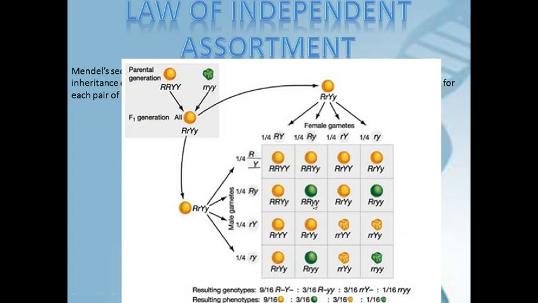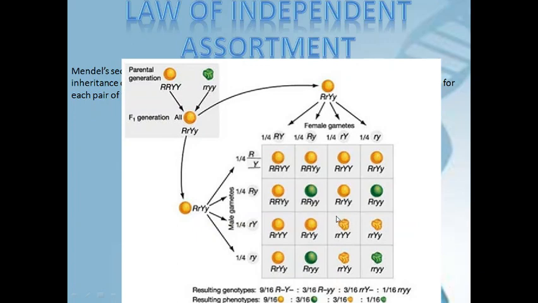But what about this plant? RR is for round, and this yy is for green. So this plant will be round and green. And this plant will be round and yellow, because it is dominant.